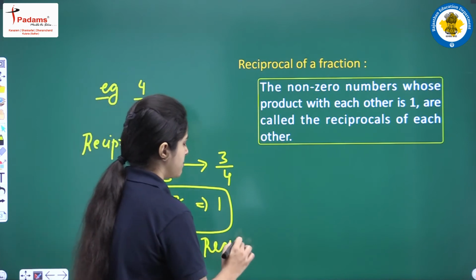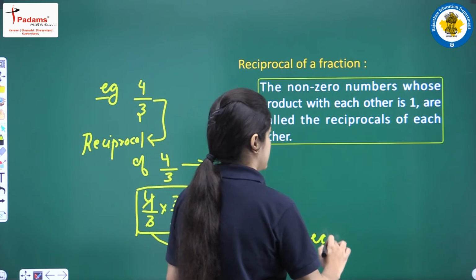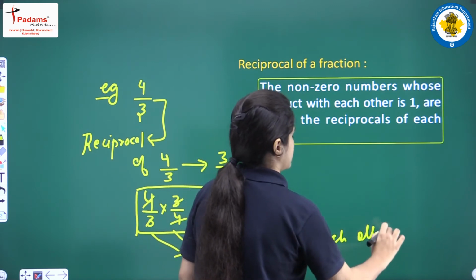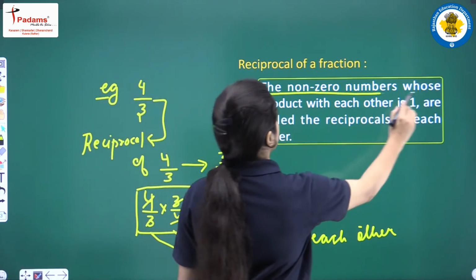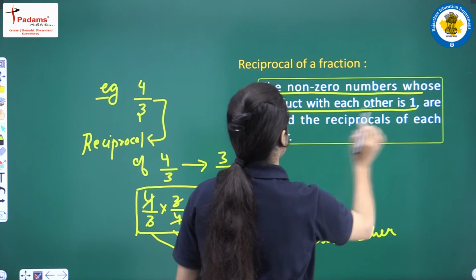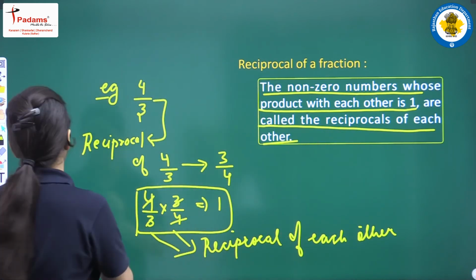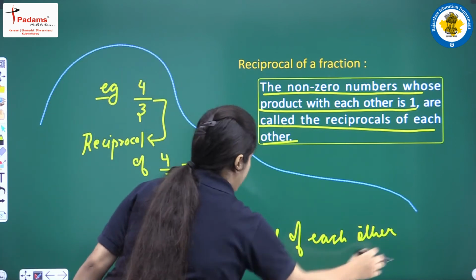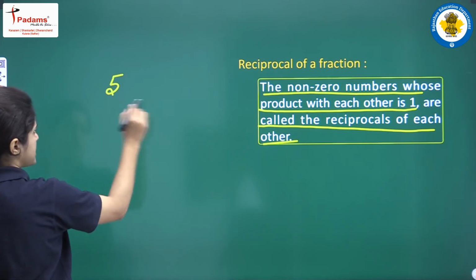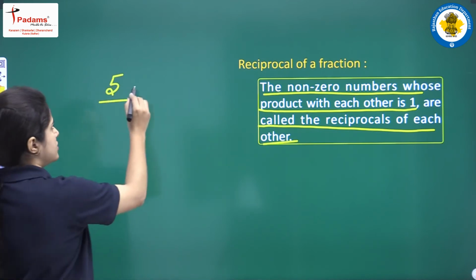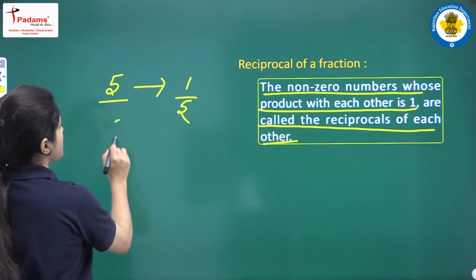So, these are reciprocals of each other. The same thing is written over here: two non-zero numbers whose product with each other is 1 are called the reciprocals of each other, alright students. Let me give you one more example. Students, if you have the number 5, what is its reciprocal? Just 1 upon 5, alright students. If you have the number 6, what is its reciprocal?